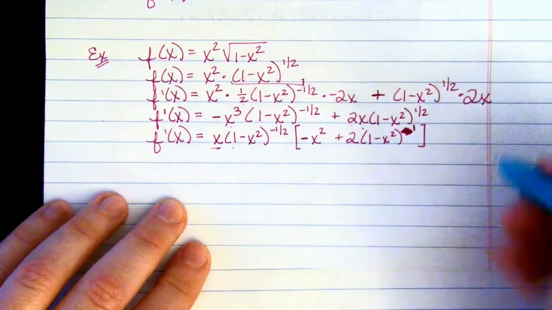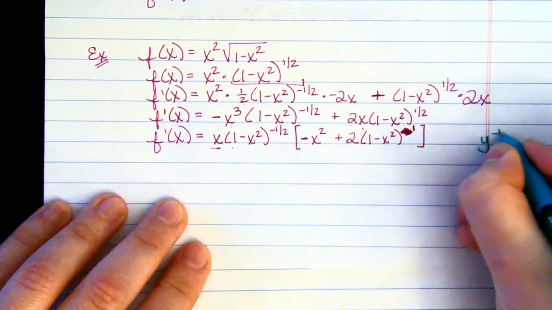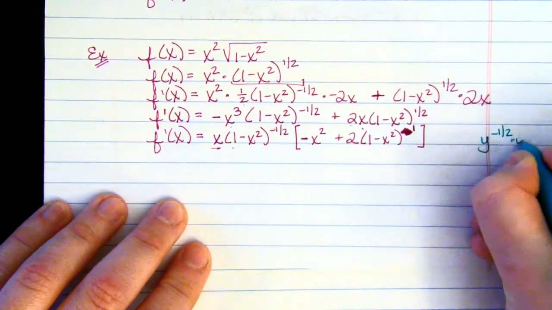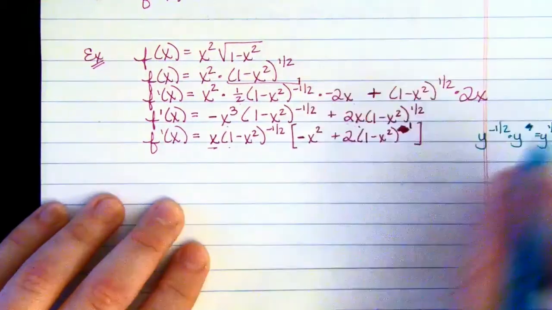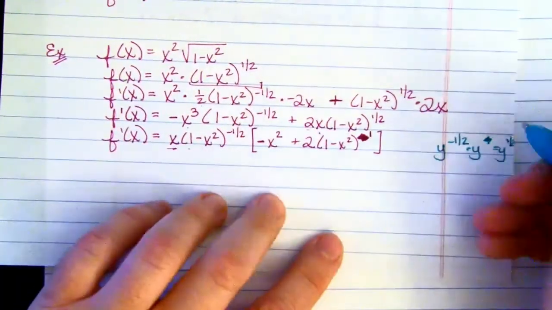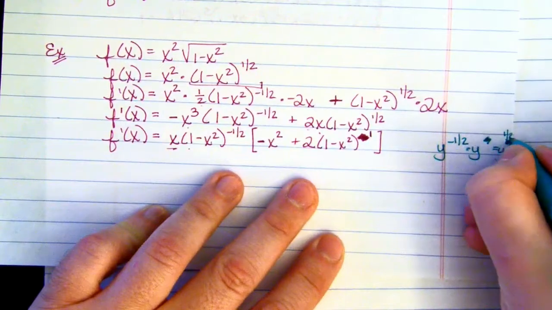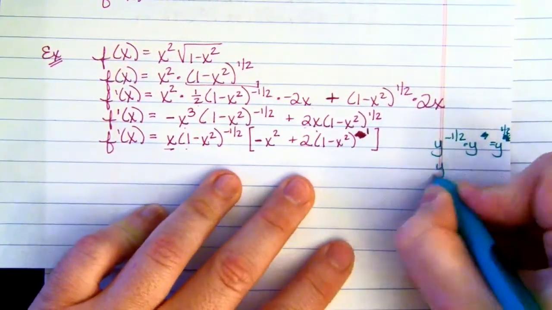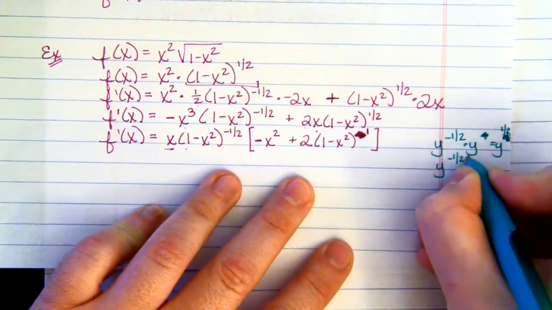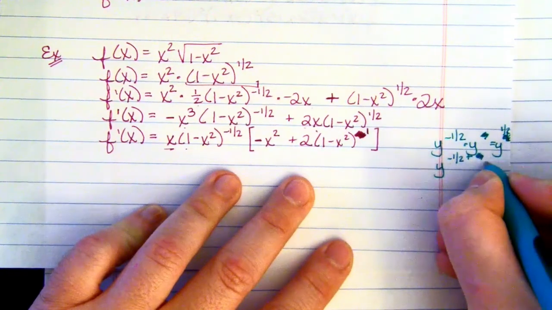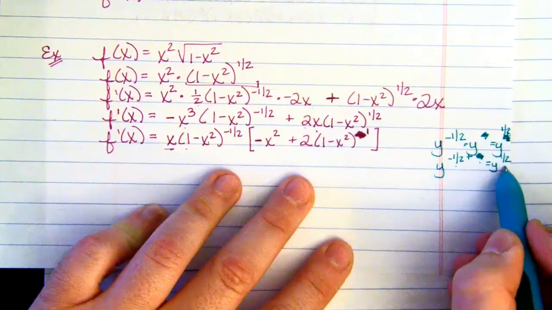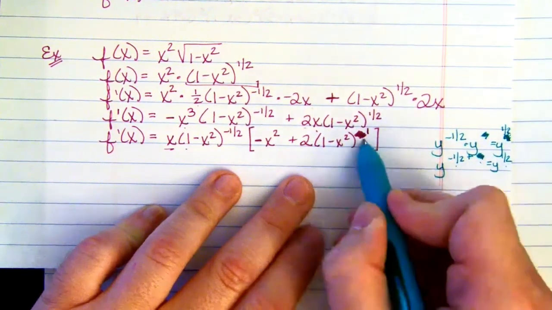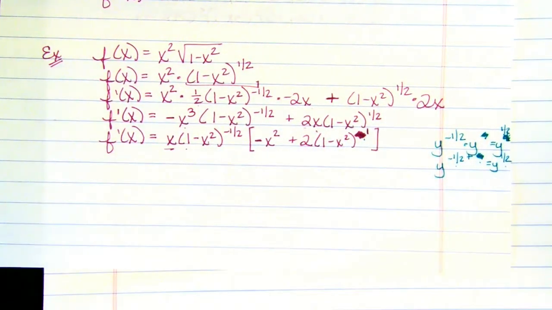If you're not seeing that, different problem: y^(−1/2) times y to the what equals y^(1/2)? We need to add our powers. Negative 1/2 plus what gives you positive 1/2? 1. That's where I'm getting that power from.